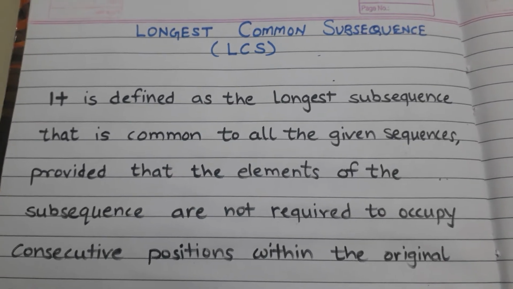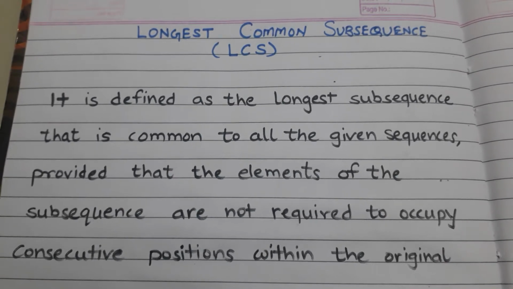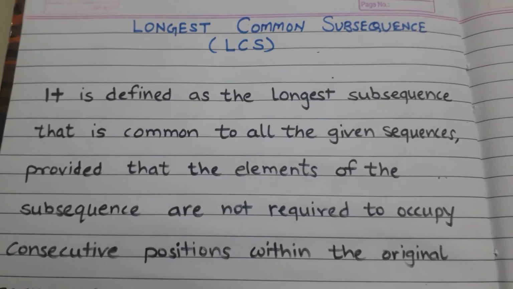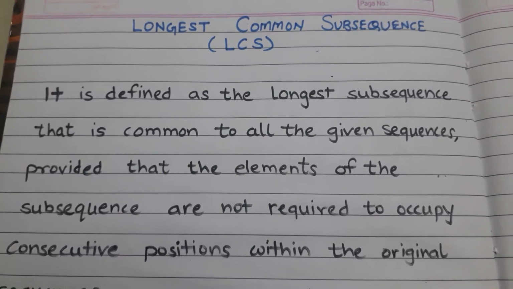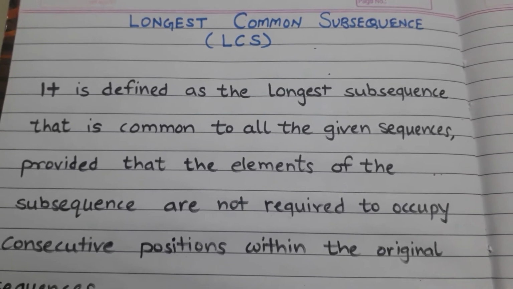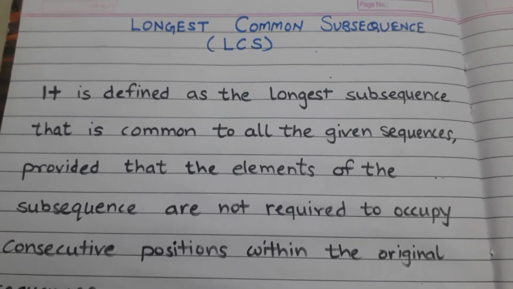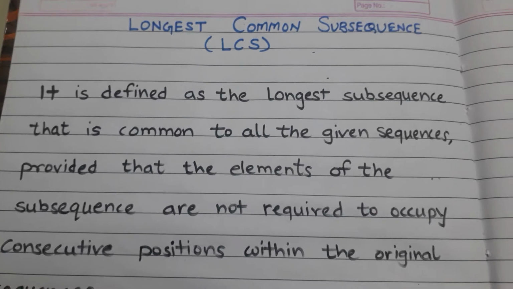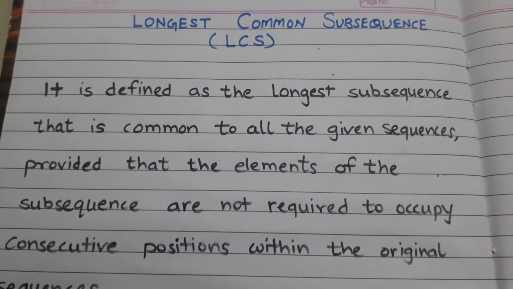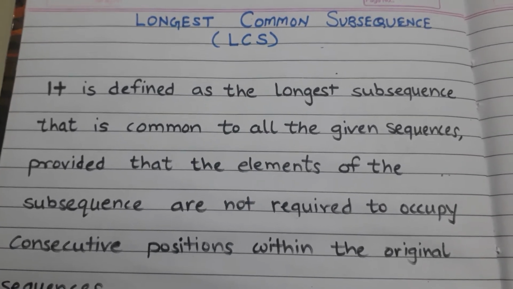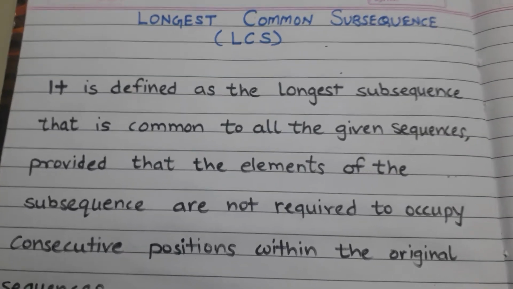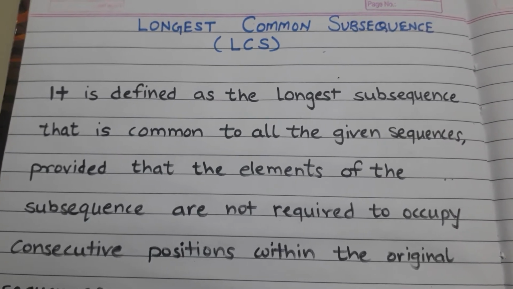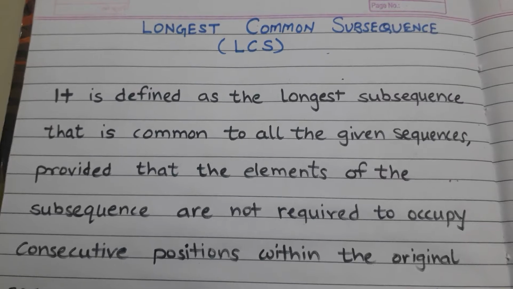Now, to understand this concept, longest common subsequence, we consider an example. When we are given a problem of longest common subsequence, we are given two sequences, and from those two sequences we have to find the longest common subsequence.